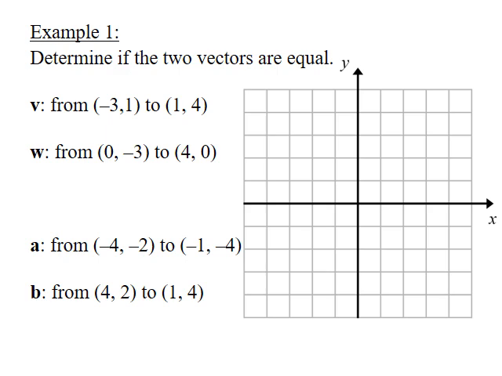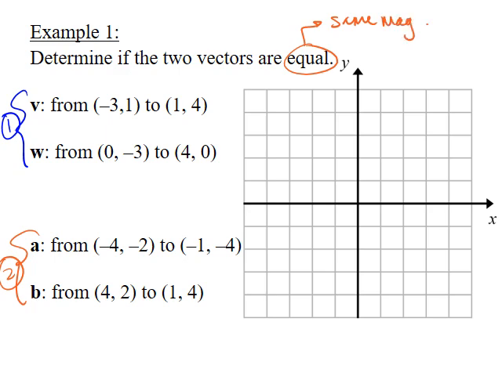Okay, so here we go with our first example. What we want to do is graph these vectors and determine if they are equal or not. Remember, in order for two vectors to be equal, we need to have the same magnitude, which is the length, and the same direction. The location of the vector doesn't matter.